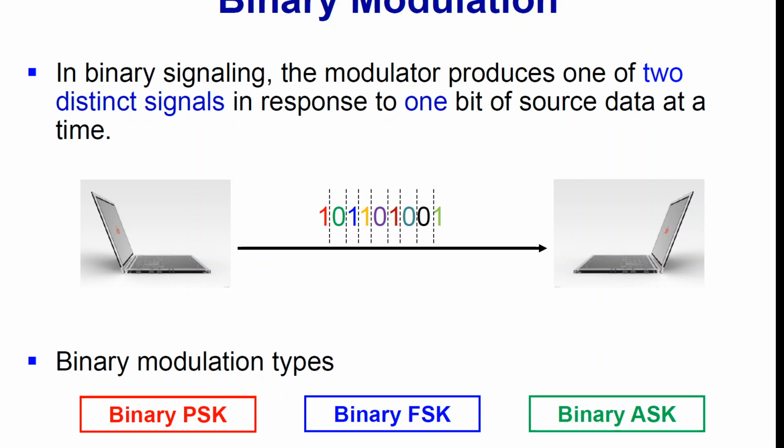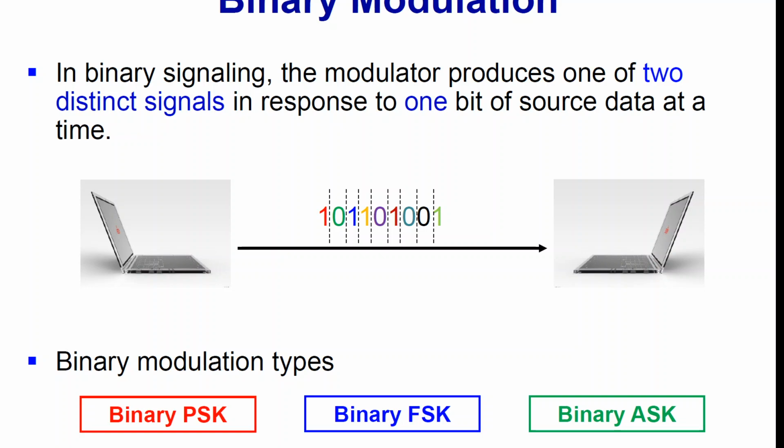In the case of BPSK, you will have two different phases. You will use two different phases of a sinusoidal signal for representing each of the 1 and 0. That is, 1 will have a particular phase and 0 will have another particular phase. So we are changing the phase.